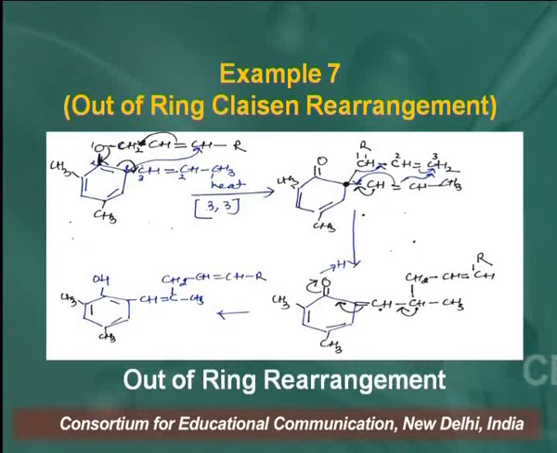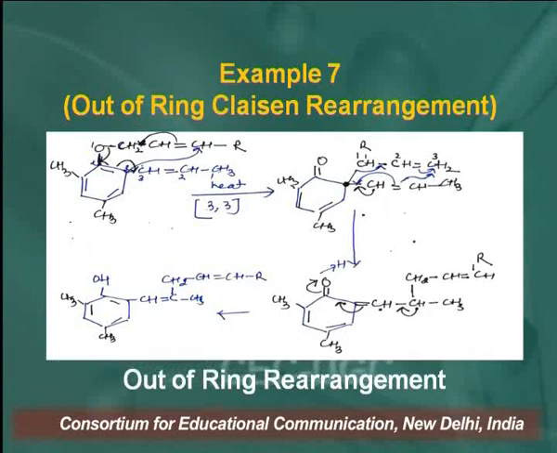So breaking of the bond takes place between the oxygen and carbon, which I have represented here as 1, and we get a keto product. Similarly, the migration of an allyl carbon takes place to the substituted group, right? So here out of the ring rearrangement takes place, and that is also a 3,3 rearrangement.